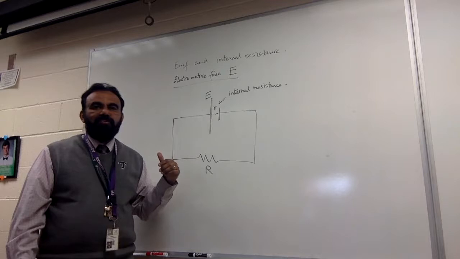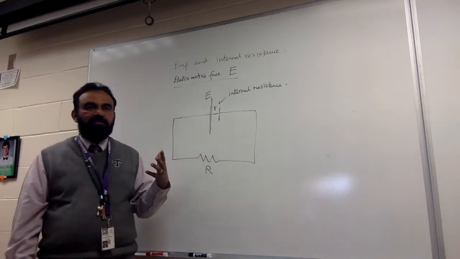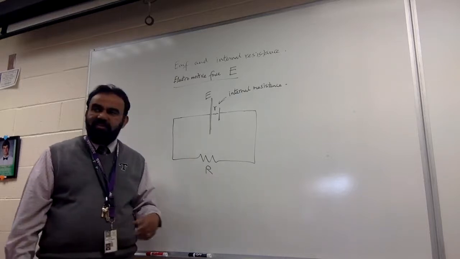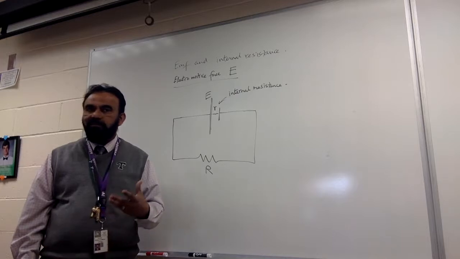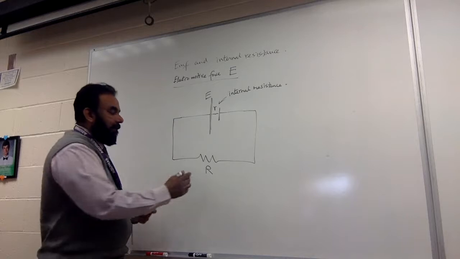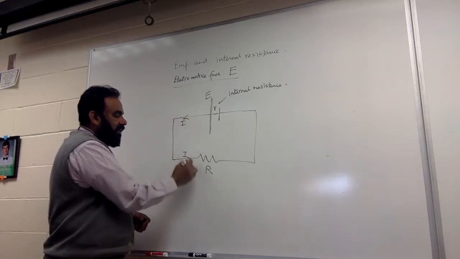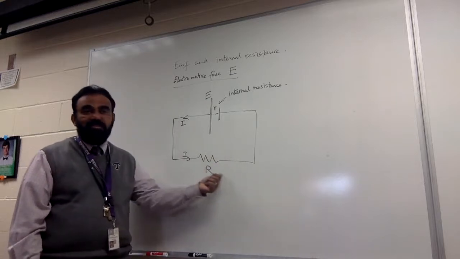So what is the electromotive force of a cell? How do I measure it? How do you measure the potential difference across something? You put a voltmeter. Of course there's a current here, and the current here is I. As the current flows through this resistance, there is a potential difference.